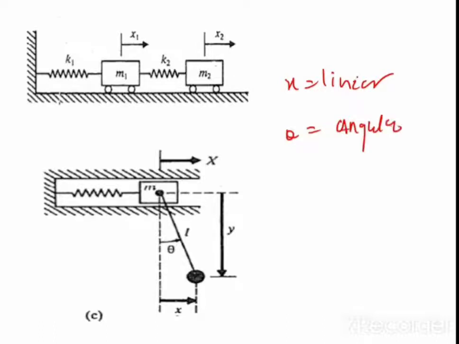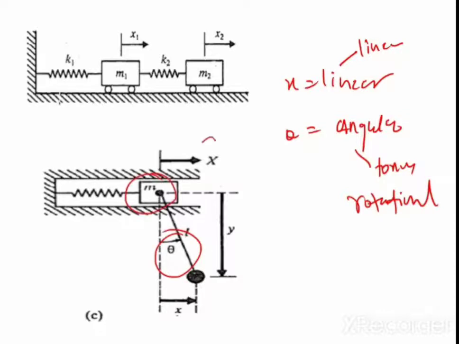So what is the difference? This is a linear system and this is a torsional system, or you can call it a rotational system also. We will study all these systems and how to derive them. So here we have two coordinates, one is theta and one is x. So again, these are examples of 2 degrees of freedom systems.